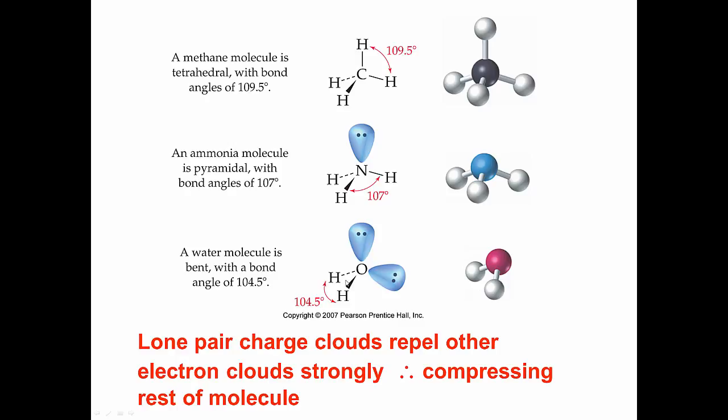This bond angle is compressed even further down to 104.5 degrees. So these lone pair charge clouds repel the other electron clouds very strongly, compressing the rest of the molecule, which is why the molecular shape is different than the electron pair geometry.